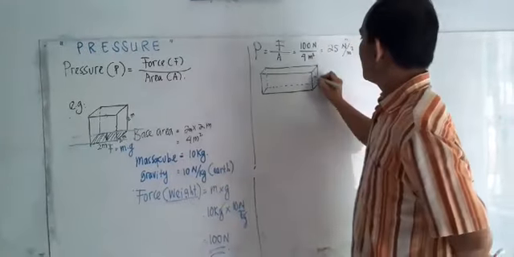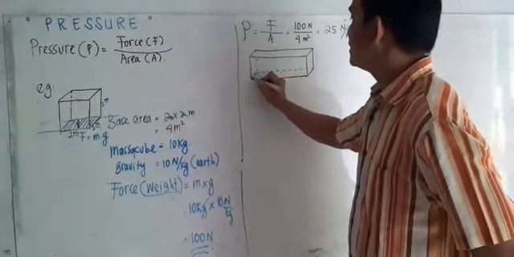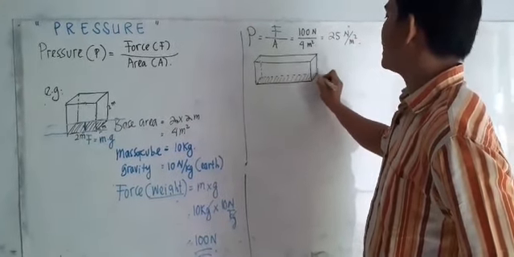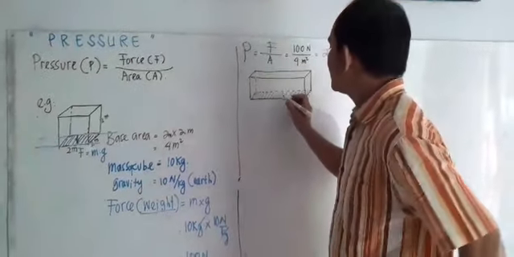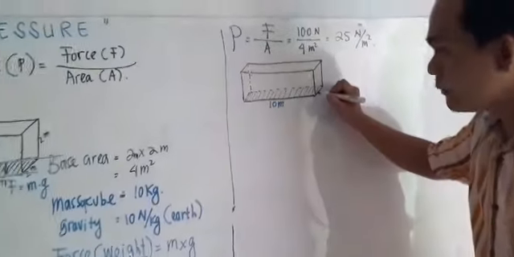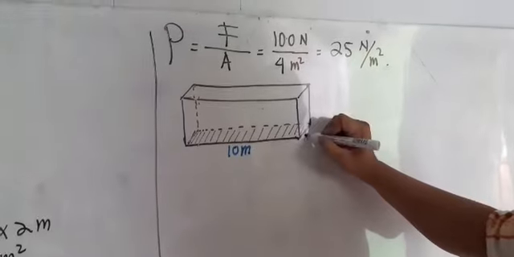Here we see that the base area of the block is what I lined here. Let's say the length of the object is 10 meters, and the height and width of the object are 1 meter.